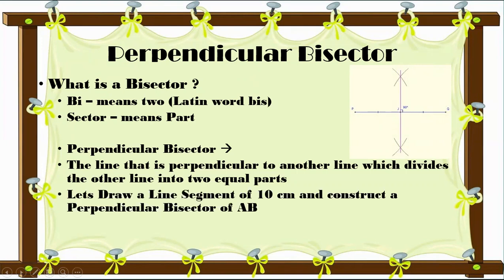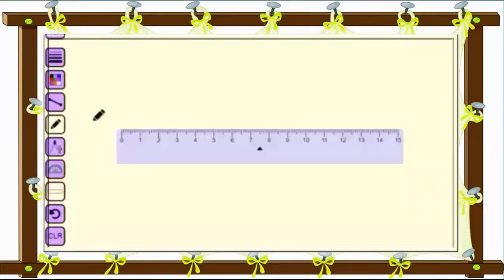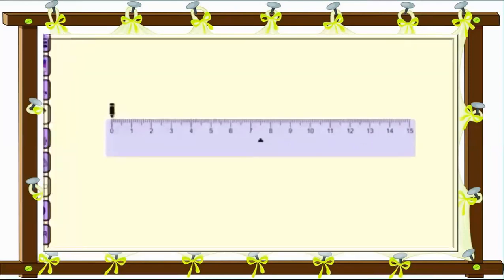Now let's draw a line segment of 10 centimeters and construct a perpendicular bisector of AB. Now students, you can see here we are going to draw a line exactly of 10 centimeters. So let's draw starting from the 0 point till 10 centimeters.